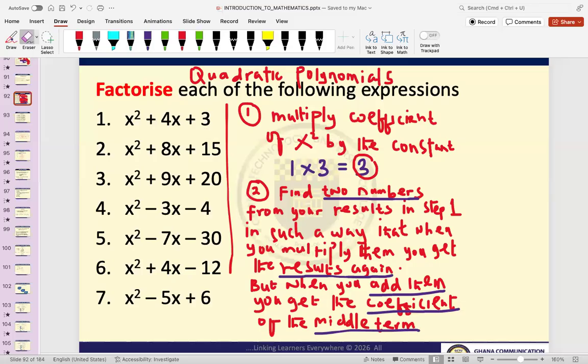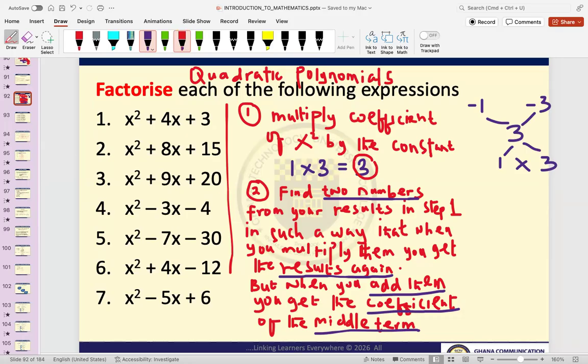So what do I do? I pick the number 3. 3 can be obtained by multiplying 1 and 3. When you multiply 1 and 3, you get 3. Again, when you have -1 multiplied by -3, that will also give you 3.